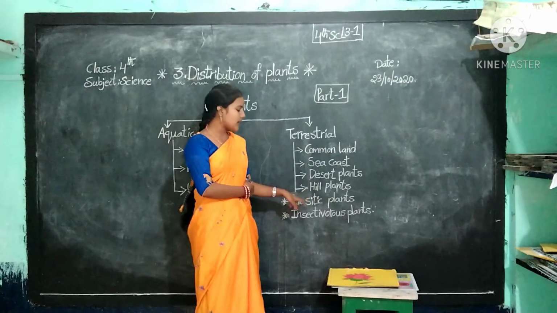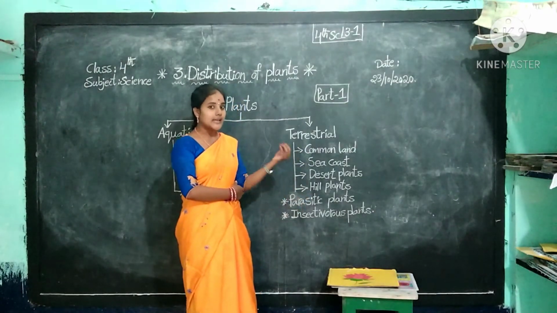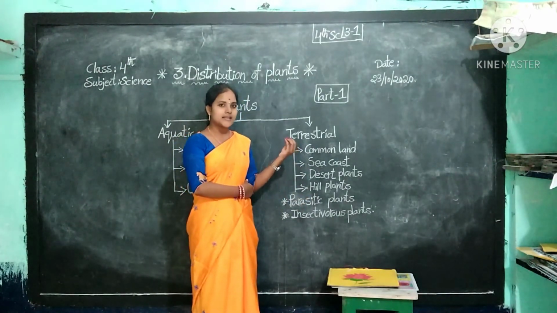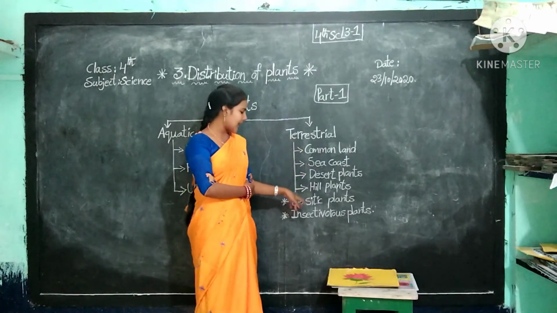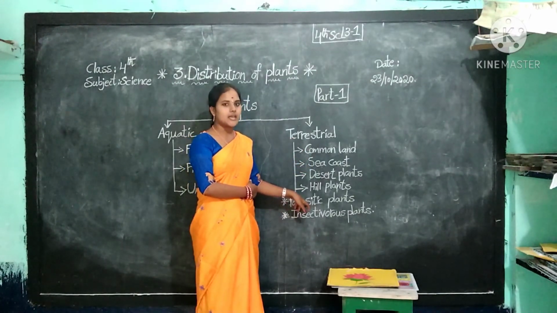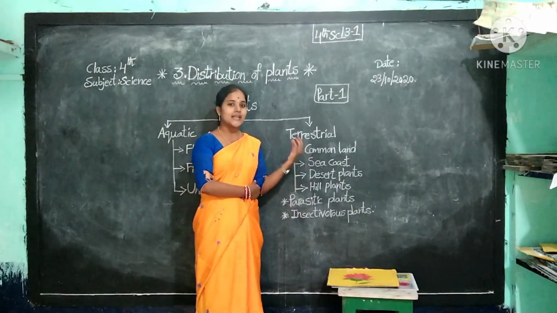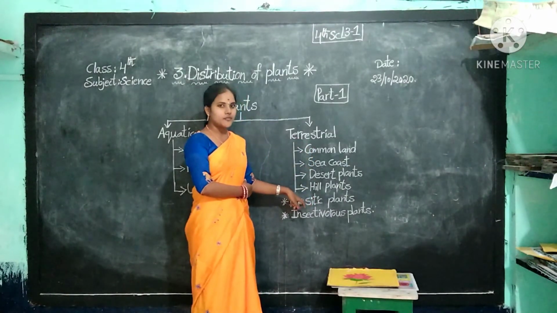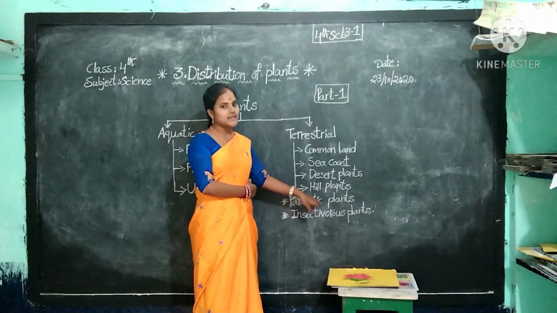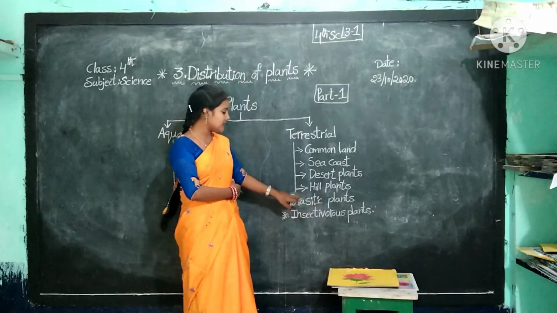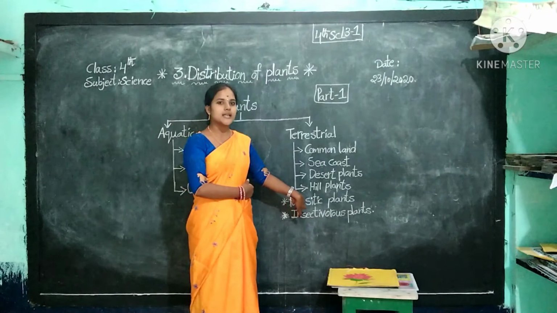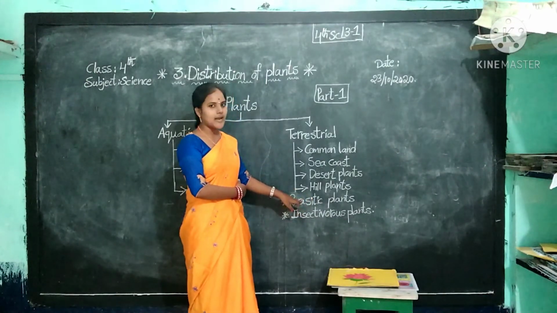So they depend on other plants and dead and decaying matter for their food. These are called parasitic plants. Once again I tell you, children, mushrooms and molds are parasitic plants.